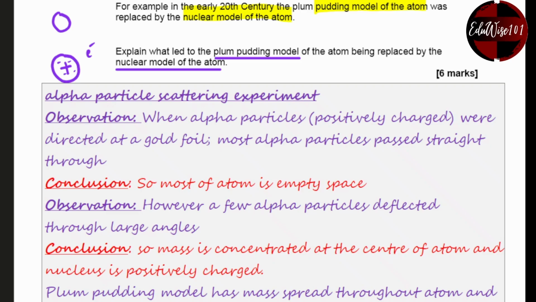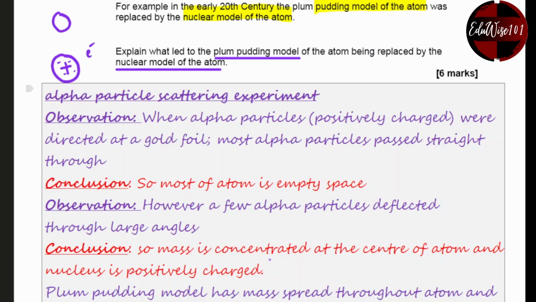The alpha particle scattering experiment, or you could call it the gold foil experiment: the observation is that when alpha particles, which are positively charged, were directed at a gold foil, most alpha particles passed straight through. That was the observation. The conclusion is that most of the atom is empty space. The second observation, however, is that a few alpha particles deflected through large angles. The conclusion is that mass is concentrated at the center of the atom and the nucleus is positively charged.